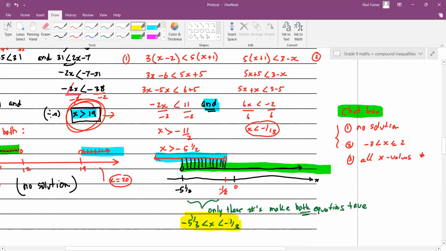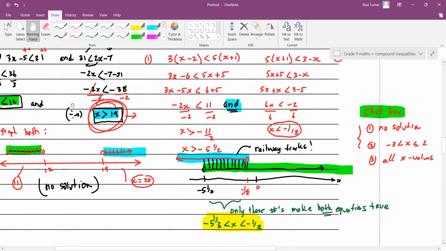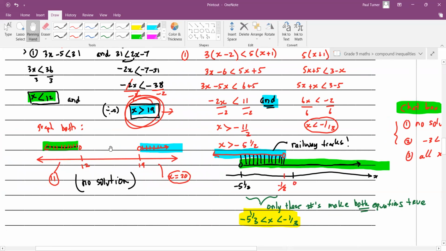So when you are putting your two lines on, now these look like a railway track, don't they? So these are like railway tracks. So if you can make a railway track like this one, we know we will have a solution, because in that previous question, you see the two railway tracks are separated.